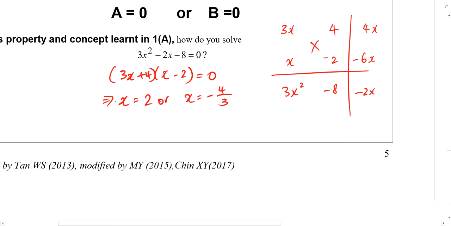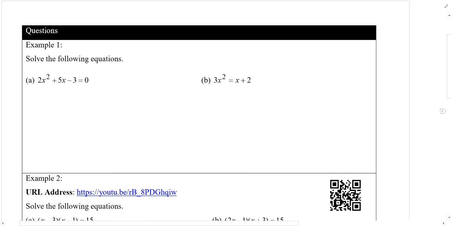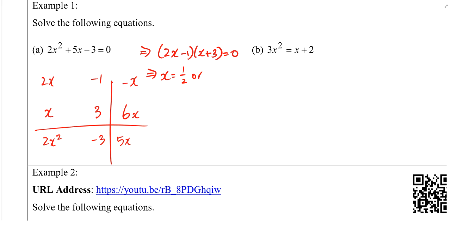Aiman, you finished factorizing already? You got the same answer? Okay. So, next one over here, Shashank is helping us factorize. x equals to? Negative 3. Okay, good.